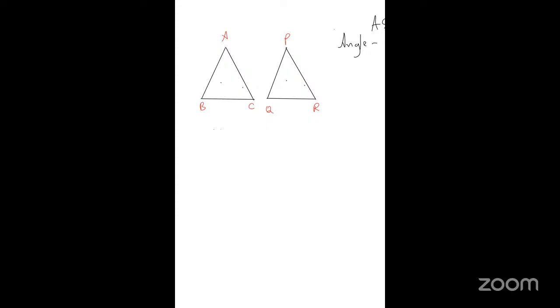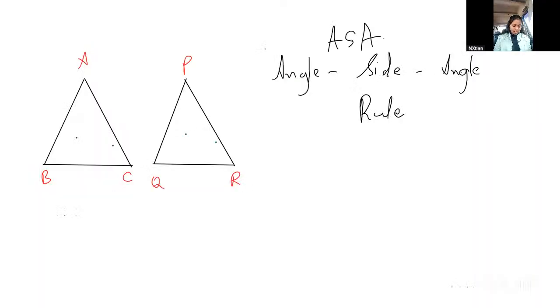20. You said 20. Good. So I will write 20 here. So what is the side in triangle PQR which is the same as AC?